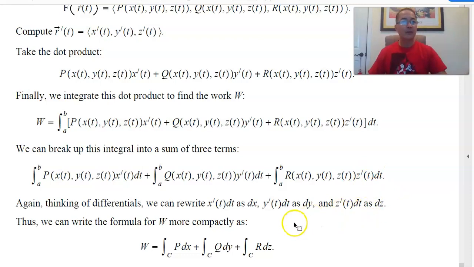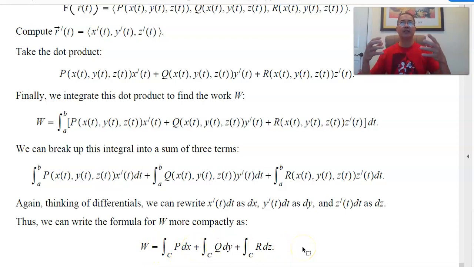Okay, so if we don't write x, y, and z within our P, Q, and R, we're looking at the contour integral along C of P dx, plus a contour integral along C of Q dy, plus a contour integral along C of R dz. So you can think of this as the contributions of P, Q, and R to the total work.